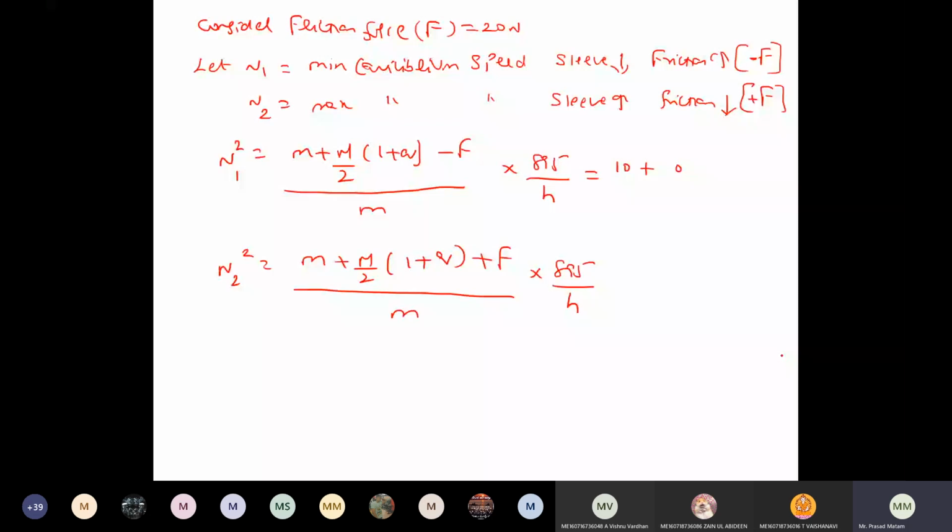Okay, 70 by 2 minus of what is the f value? 20 into 895 by what is the h we got? 224 mm we got. Take it as 0.224.